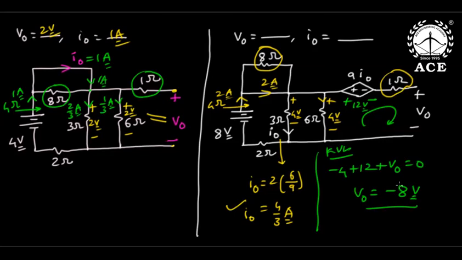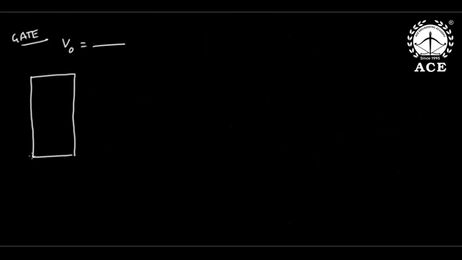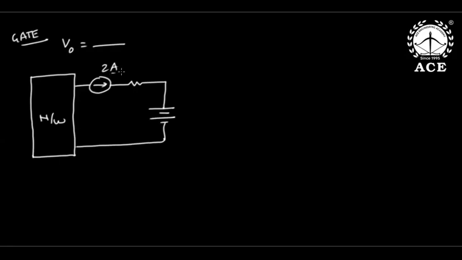Then I'm extending further. This is a simple GATE bit. What is V naught? This is a network, and this is 2 amperes, 3 ohms and 4 volts.